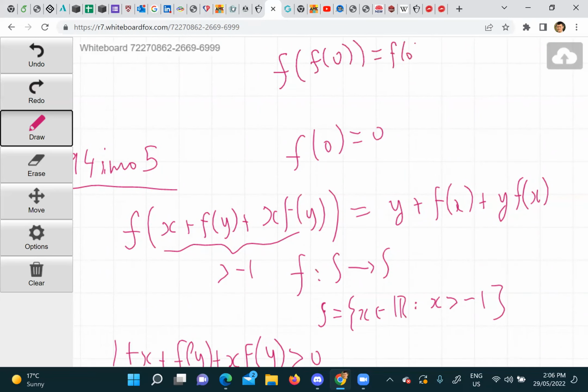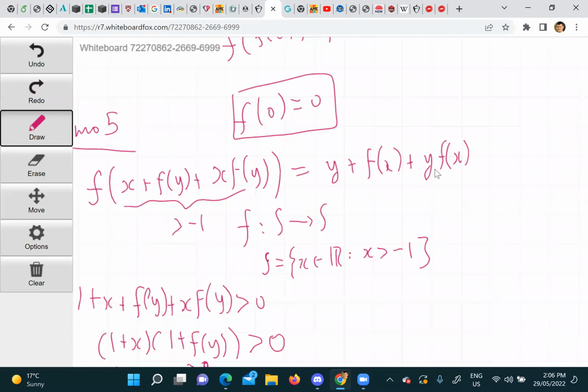Then you sub in x equals 0 and y equals f of 0, and then you get f of 0 is 0.